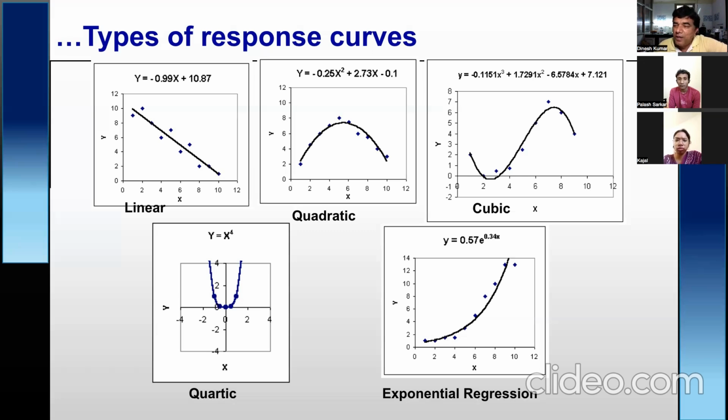In polynomial equations, the power of the variable is a numerical number. In exponential equations, the variable itself is the power. For example, e power x is an exponential equation. If I say x power 2, x power 3 in an equation, then it is a polynomial equation.